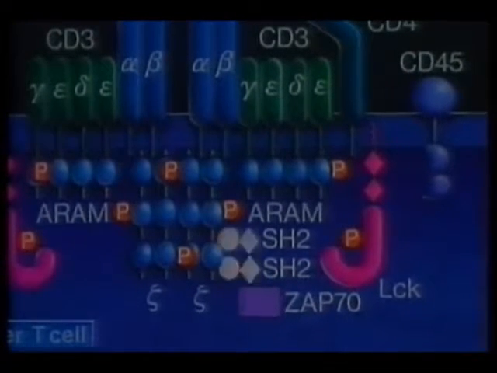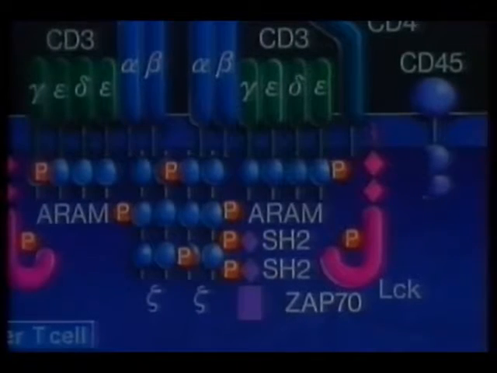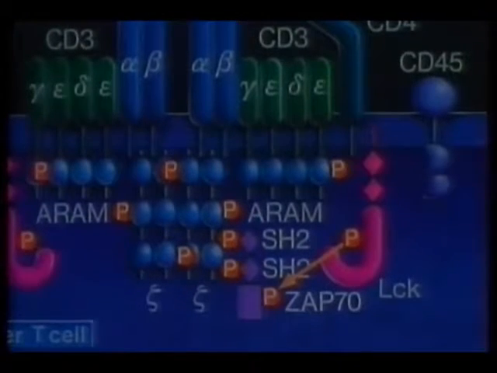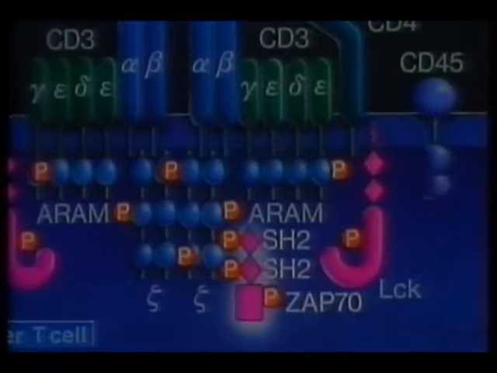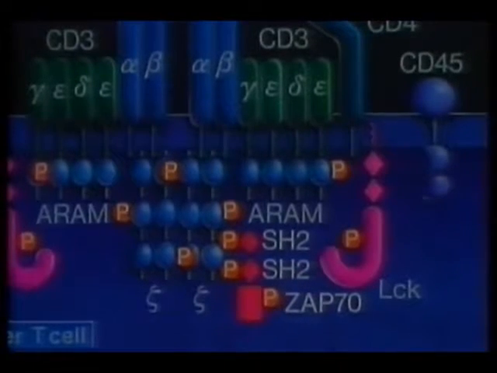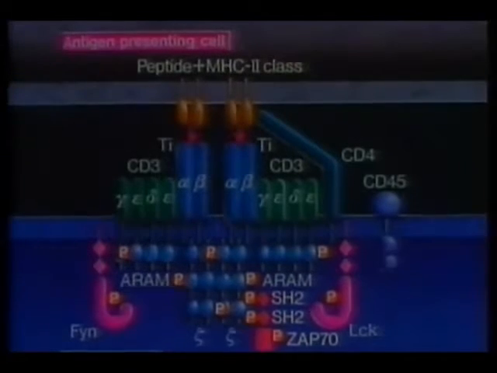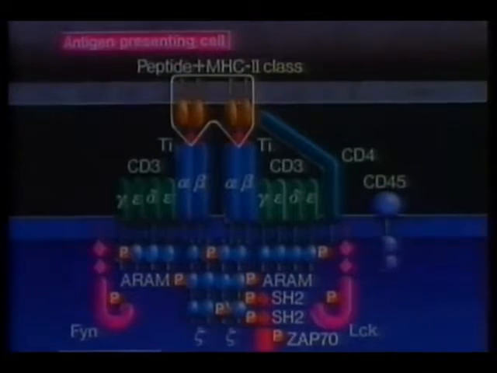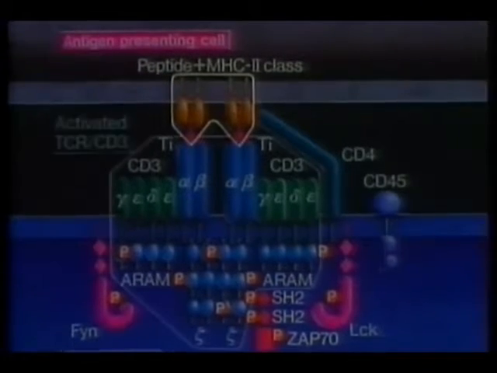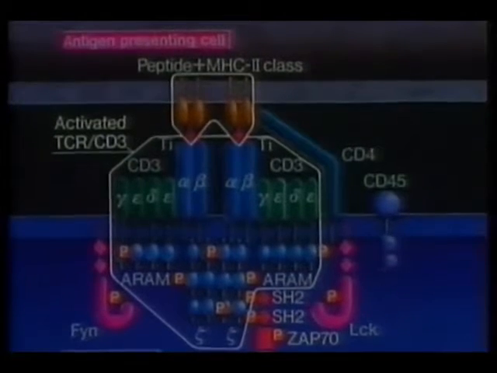ZAP70 itself is phosphorylated by LCK kinase and thus activated. In a similar manner, this process also occurs with an enzyme called FYN, as is shown on the left side of the screen. Along with the activation of ZAP70, the intracellular enzyme PLC-gamma-1 is activated, and a signal transduction proceeds from the cellular material to the nucleus.